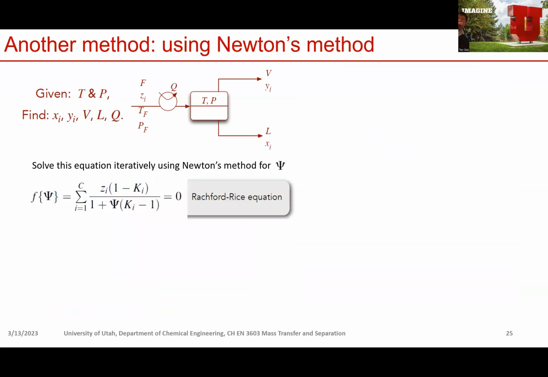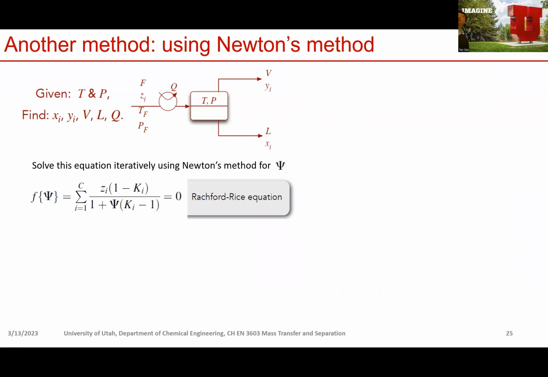There's another method to do this, which involves using Newton's method. This is the method given in your textbook. This method is the more typical method used in process simulators, because we're talking about a process here. If you're going to work for a chemical company, you're going to design a process.